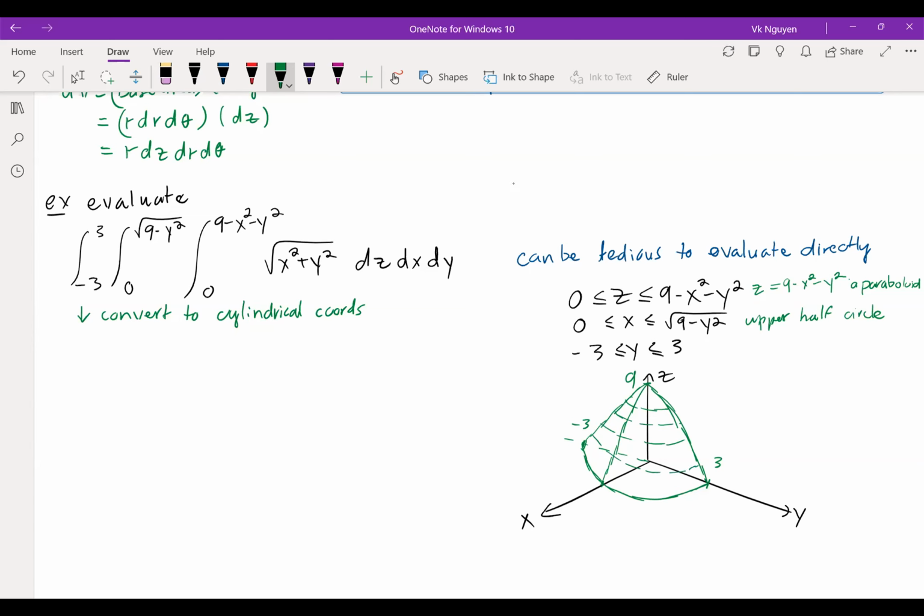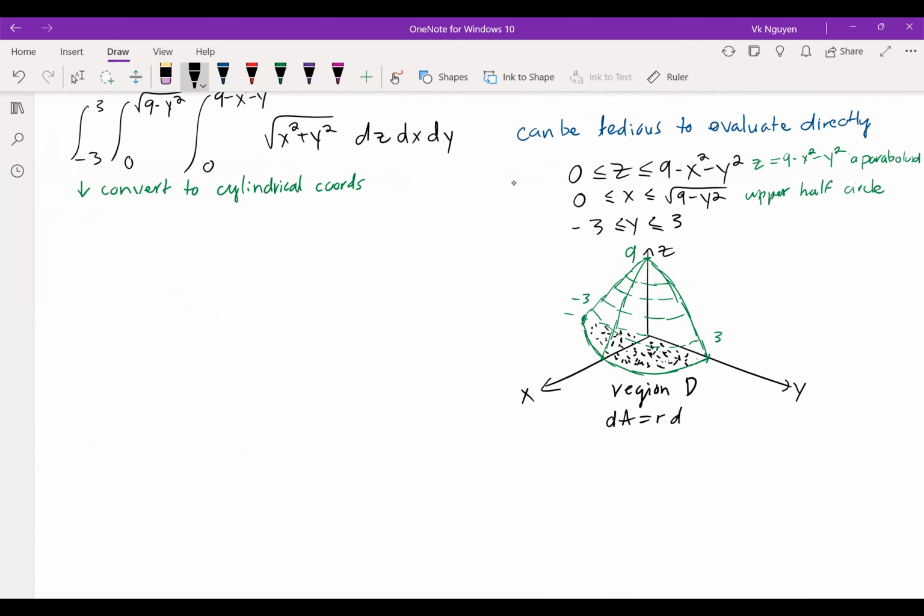Project the solid onto the xy plane. You can see the region D very clearly. It's region D right here. dA is r dr d theta. We need to know where the angle and the radius go from.